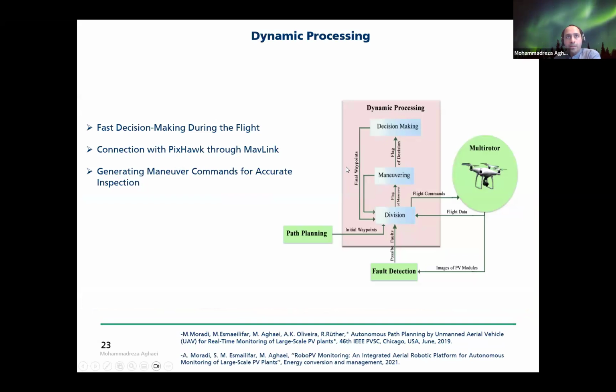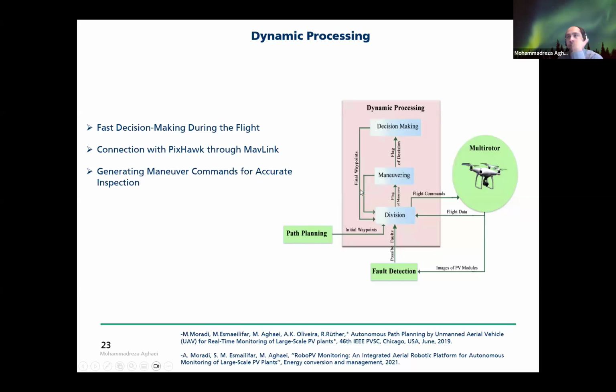Another unit is the dynamic processing unit. We developed a dynamic path planning algorithm for autonomous maneuvering of the UAV during the aerial inspection. For this purpose, we access the flight computer of the UAV, interact with the onboard microprocessors, and connect through an API to RoboPV.